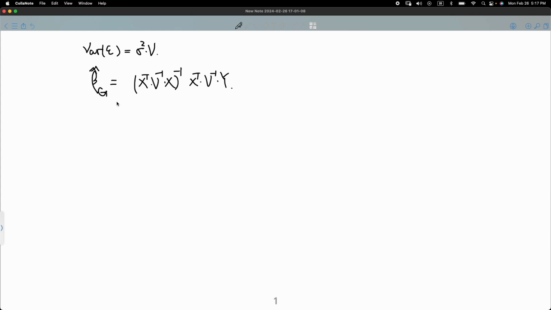So in this setting, our estimator for the linear model now takes the form of this one. So that will be the setting here.